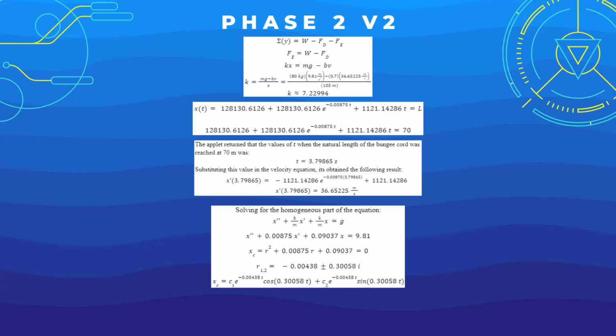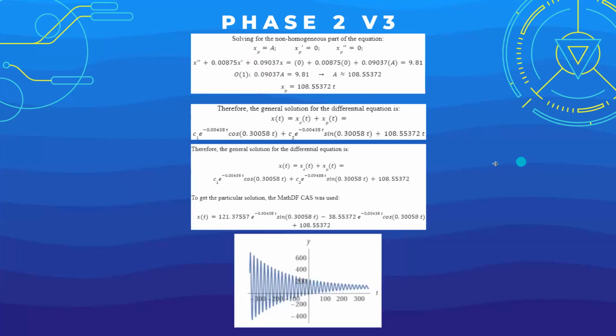That is, if the cord is 70 meters, 2.5 times is 175 meters, and the difference is what we let x be here. That is 105 meters, and the elasticity coefficient was 7.22994.